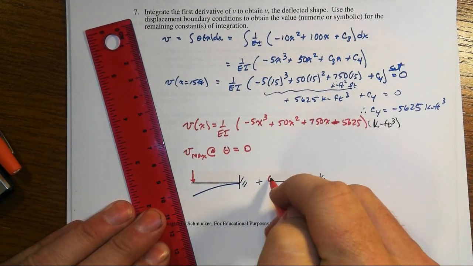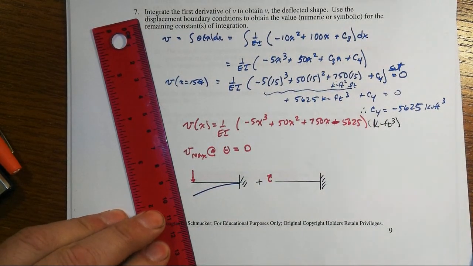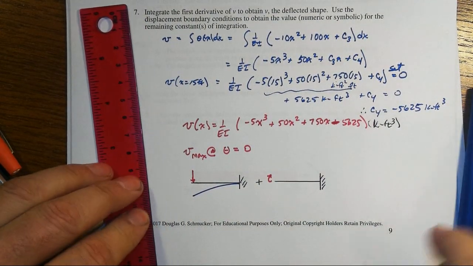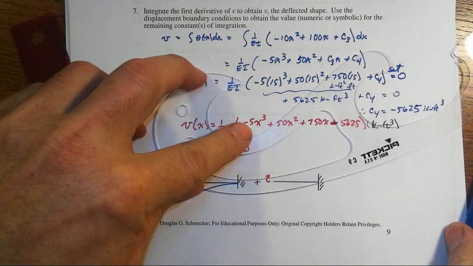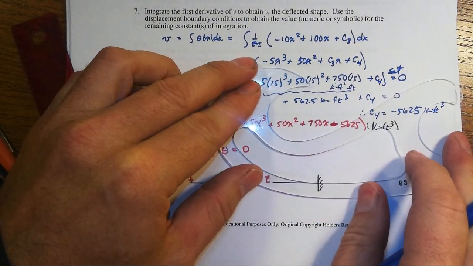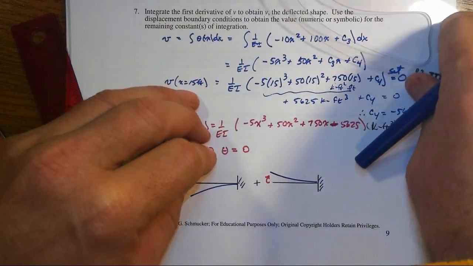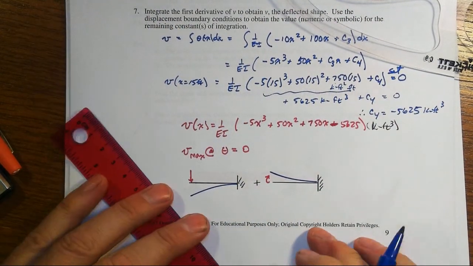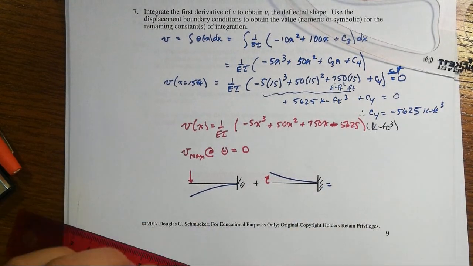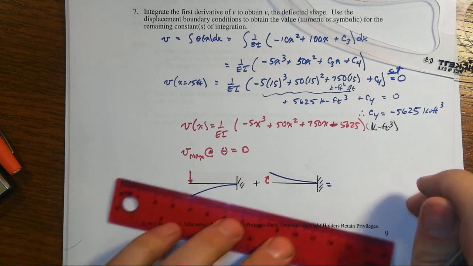Well, that's just a smiley face, and that's a perfect or uniform moment along the length of the beam, so that would actually be the same curvature. That would actually be an arc of a circle, it would turn out. And it would look something like that. The combination of these two is going to be kind of interesting here.